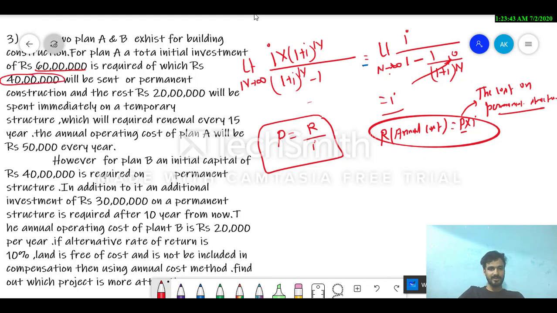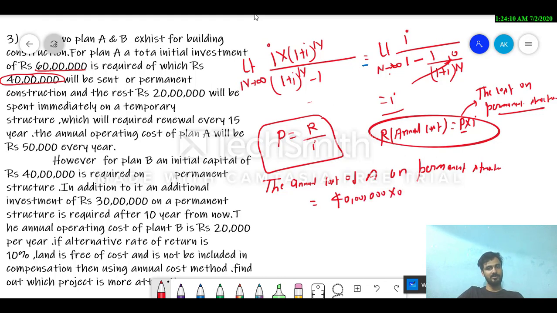So the annual cost of the permanent structure is equal to 40 lakhs multiplied by 0.1, because the rate of interest given is 10%.